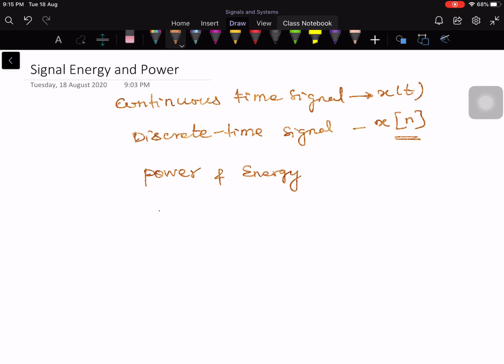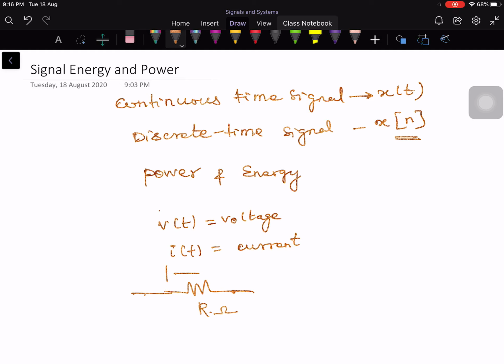For example, let's say v of t is the instantaneous voltage across a resistor R, and i of t is the instantaneous current flowing through the resistor R ohms, and across this resistor the voltage drop is v of t.